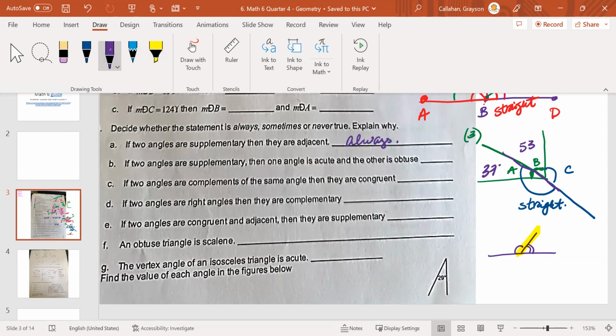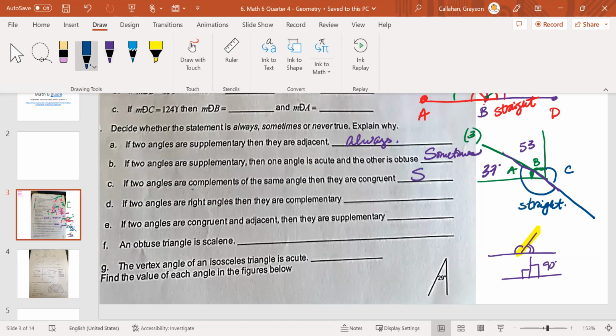If 2 angles are supplementary, then one angle is acute and the other one's obtuse. Well, that's not always true because I can go ahead and have 2 right angles, right? So that would be sometimes true. If 2 angles are complements of the same angle, then they are congruent. Sometimes true.